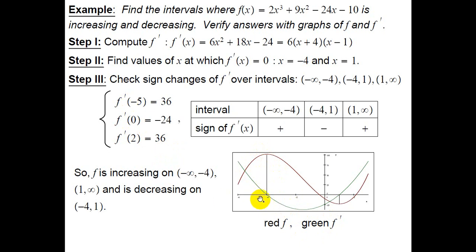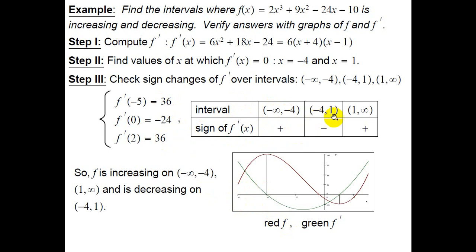We have taken minus 5, but you may take minus 6, minus 7, minus 8, minus 100, whatever you want. You will get a positive slope over here. So that indicates the function is increasing from minus infinity to minus 4. The sign of f prime of x is positive from minus infinity to minus 4.